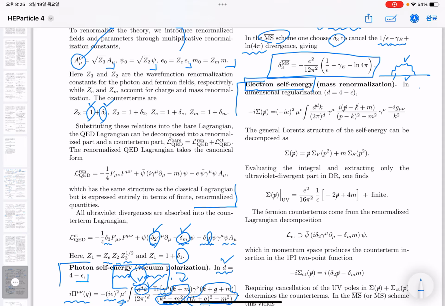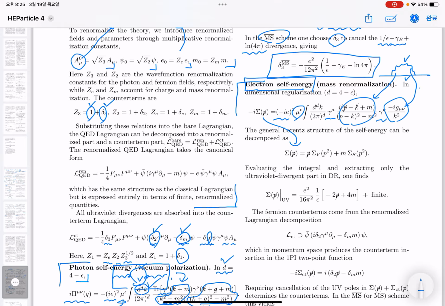So the corresponding propagators are the following, for the fermion and for the photon. Also, there is a gamma matrix for the vertex, and similarly, for the dimensionless coupling, a mu factor with epsilon power is inserted. Also, one can decompose this self-energy with the general Lorentz structure.